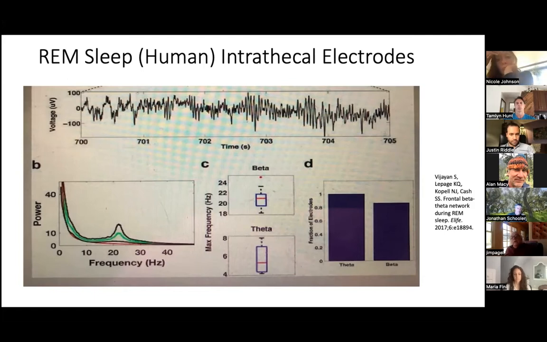You have hippocampal theta just kicking off on a quantitative EEG analysis. You have a huge amount of theta happening on the left side of the power grid there. And in the middle, you'll see that you have the gamma frequency as well, between 20 and 30 hertz. The bars on the right are looking at the number of electrodes that pick this up, and almost all the electrodes that you put intrathecally in a human will pick up theta waves.